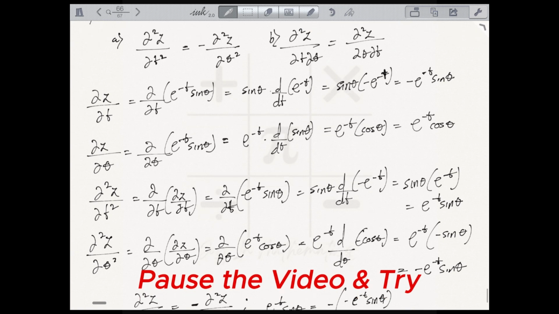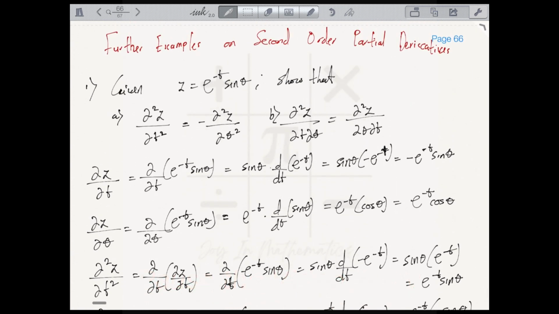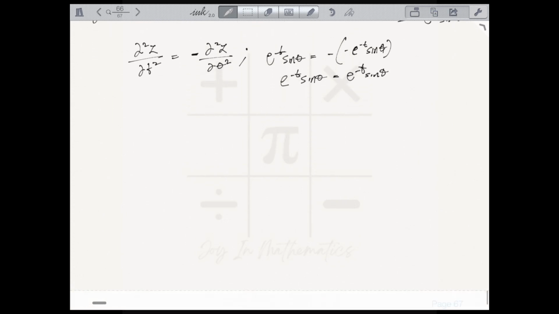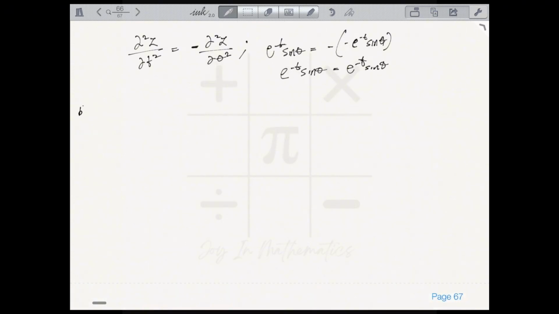So the next question says show that ∂²z/∂t∂θ is equal to ∂²z/∂θ∂t.